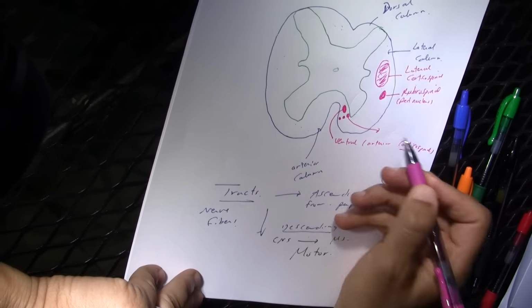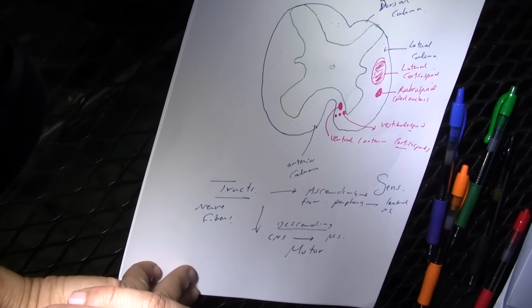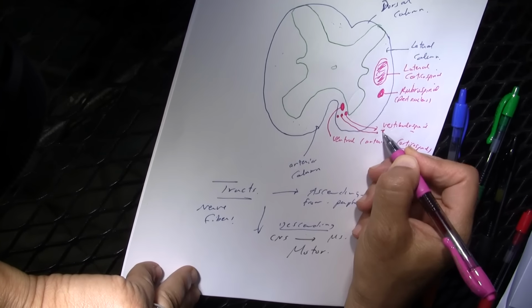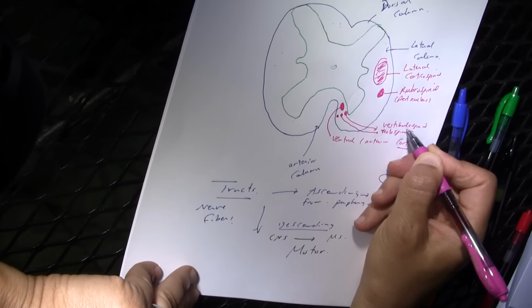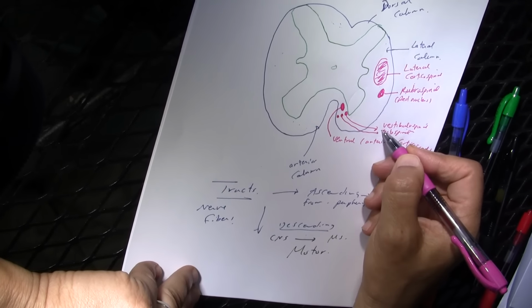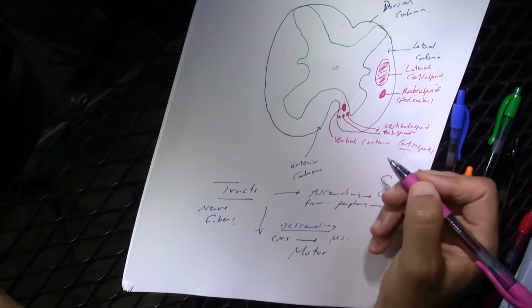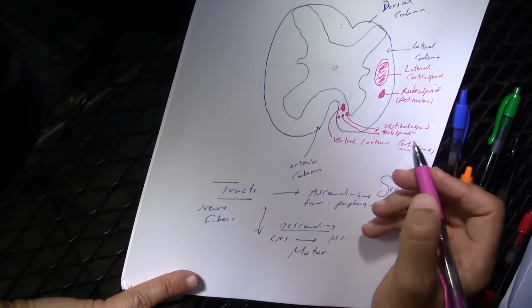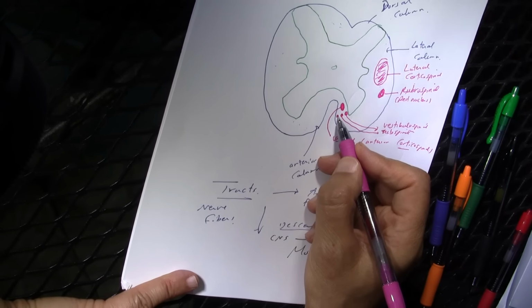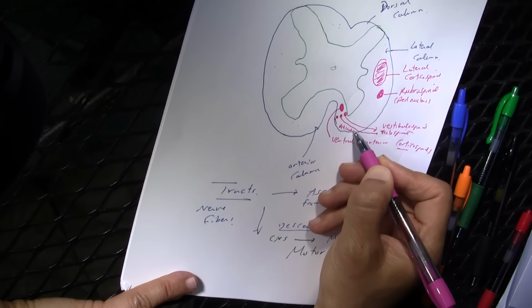Then you have vestibulospinal, from vestibular nuclei related to balance. You have tectospinal from the tectum, which is related to vision and also hearing, but mainly vision here, related to visual response and to maintain body balance. We're going to talk about this in detail later on. Then we have reticulospinal from reticular formation.